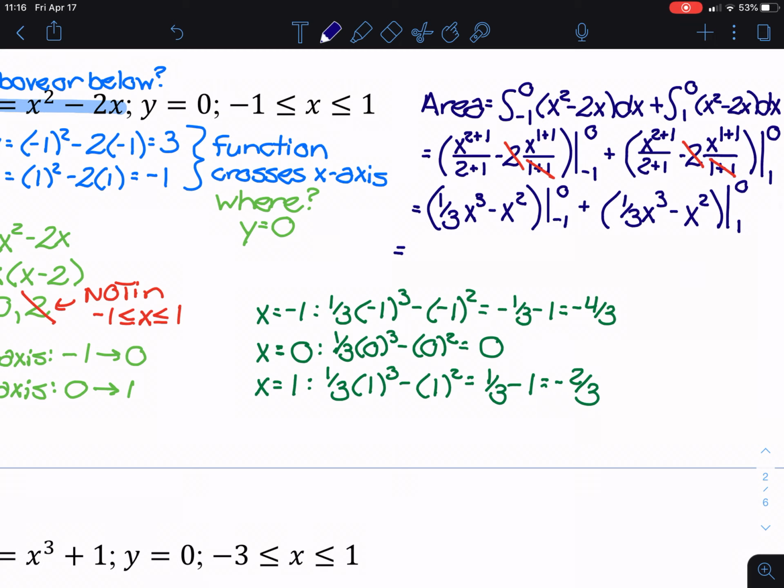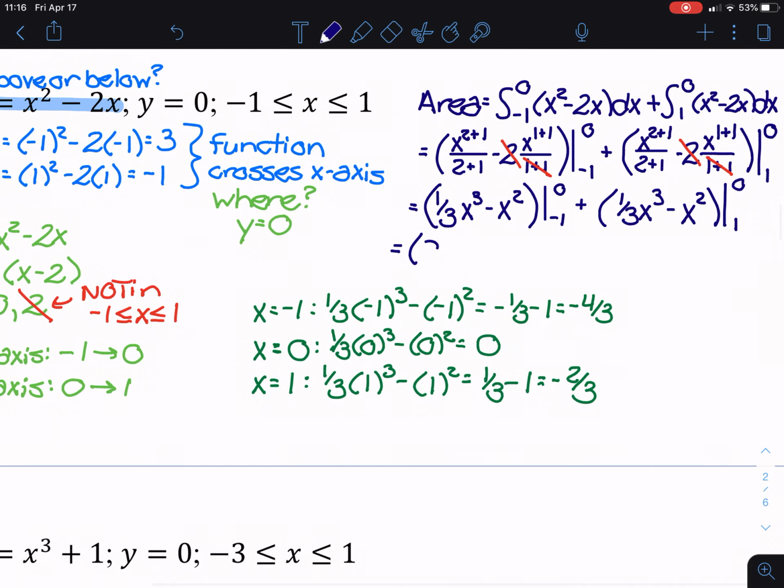Okay. All right, so now taking those three values, putting them into my equation here. My limits are going from 0 to -1, so I put 0 in first, minus the value at -1, which is -4/3. Okay. That is going to give me the area of the first piece. And I'm going to add to that the area of my second piece. So the value on top again is 0.